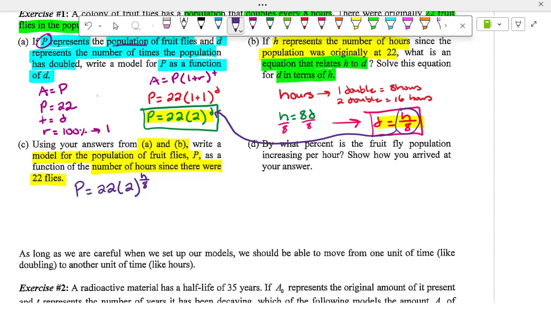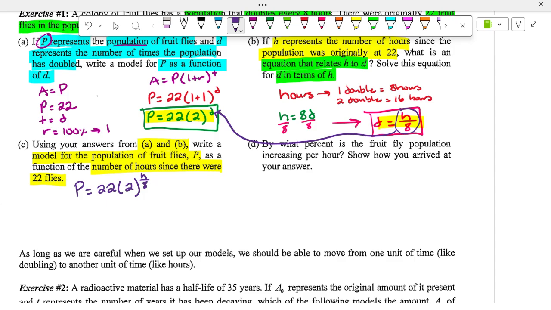What number? If I divide by 2, that's the same thing as multiplying by 1/2. So if I divide by 8, that's the same thing as multiplying by 1/8.